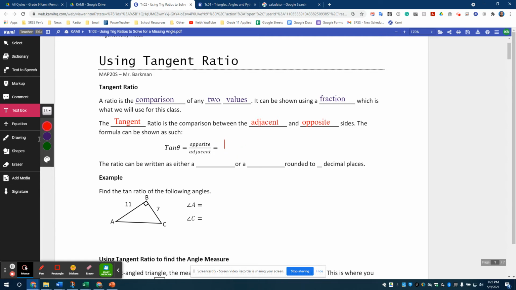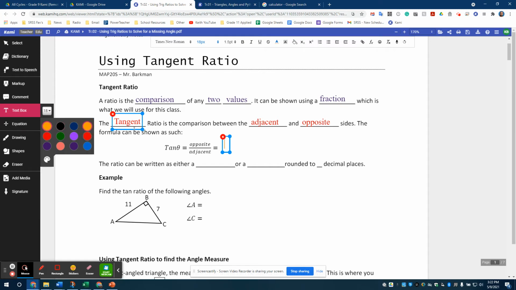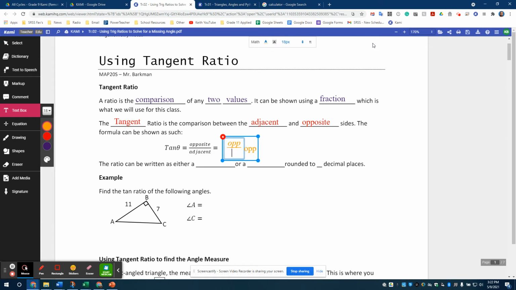We can simplify this with short forms: opposite over adjacent is OPP over ADJ. So our tan ratio for every right angle triangle is the opposite side over the adjacent side.